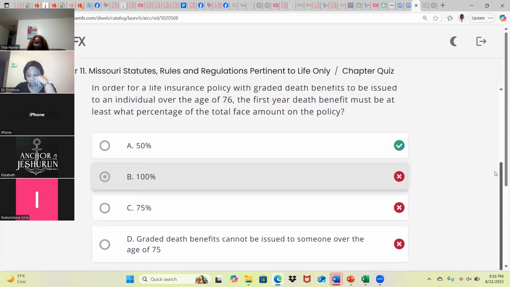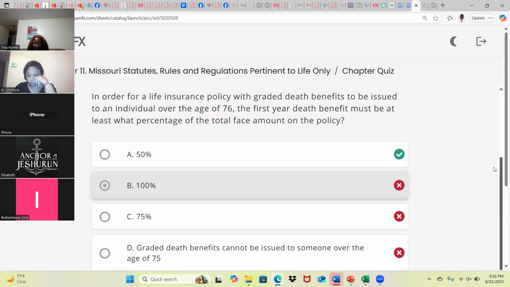It's 50%. Why is this so? They say in order for a life insurance policy with graded death benefit to be issued to an individual over the age of 75, the first year death benefit must be at least... So they are saying that if you are issuing a policy for somebody who is over age 75, the death benefit must be at least, because graded will mean it will gradually increase.